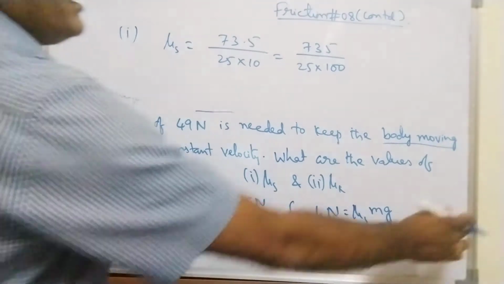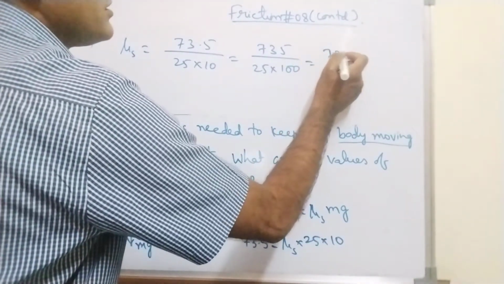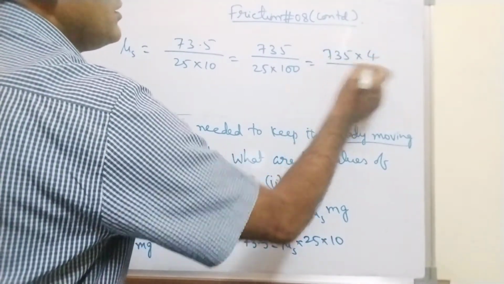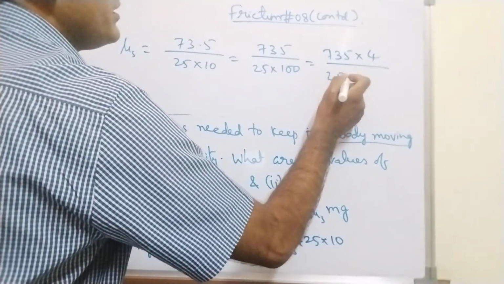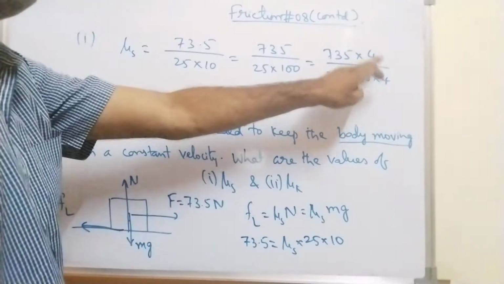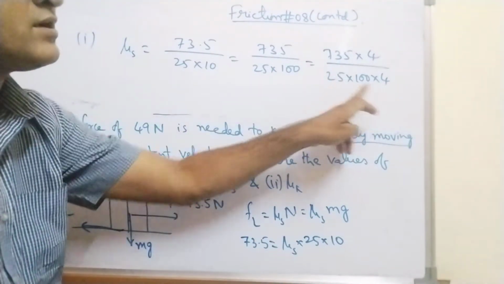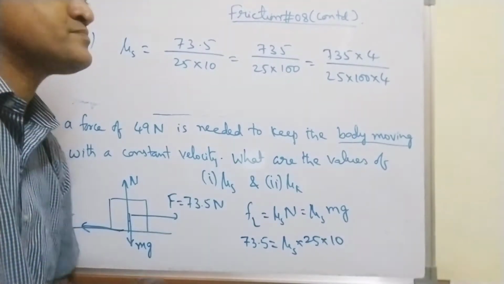Or if I write it like this, 735 into 4 divided by 25 into 100 into 4. I am multiplying and dividing by 4 so that I get all zeros in the denominator.